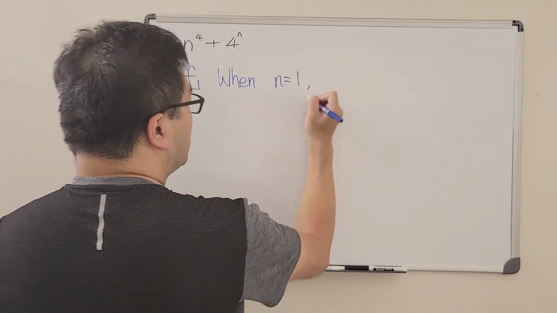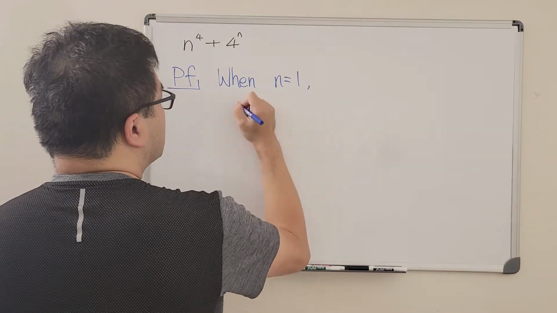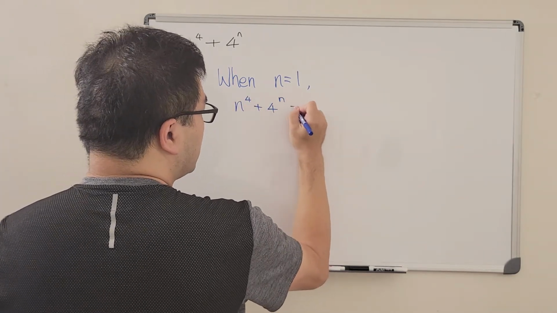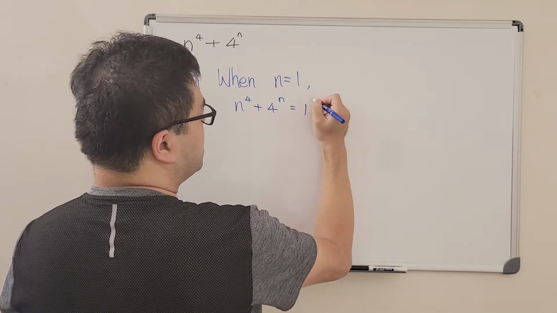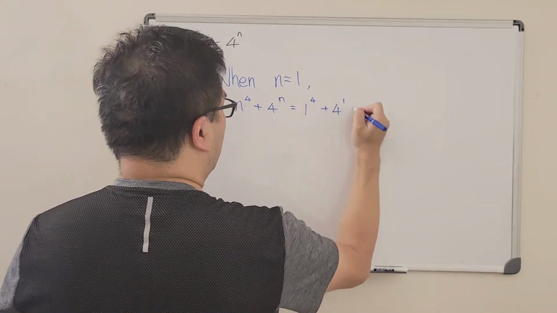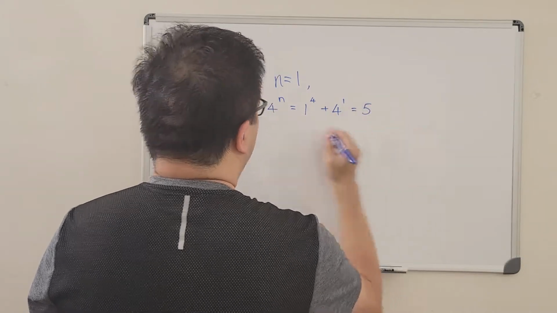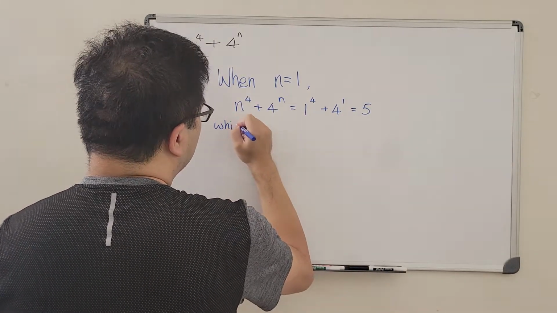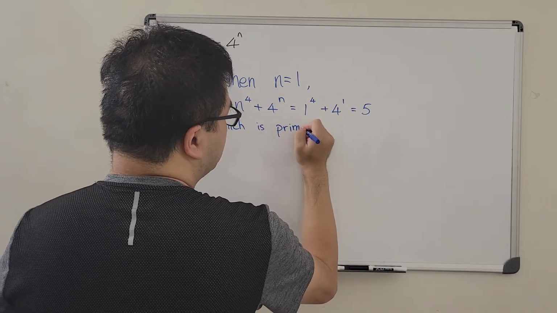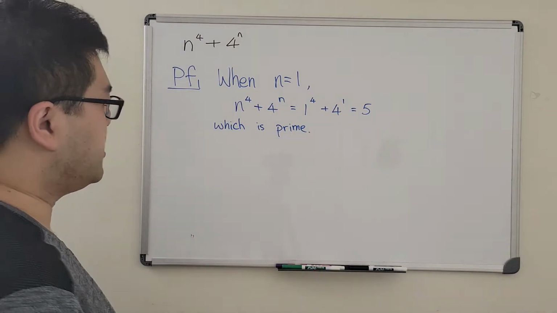When n equals 1, we get n to the 4th power plus 4 to the nth power, which is 1 to the 4th power plus 4 to the 1st power, which is equal to 5, which is a prime. So far so good. We already finished one case.